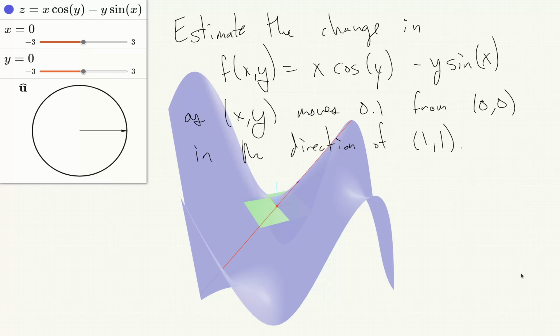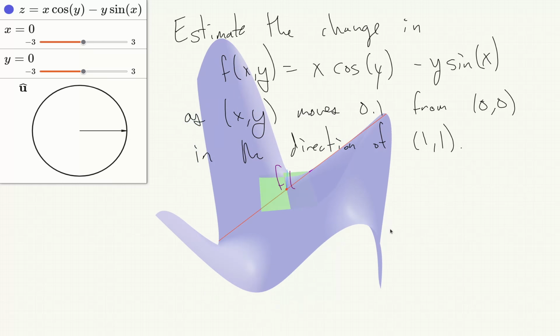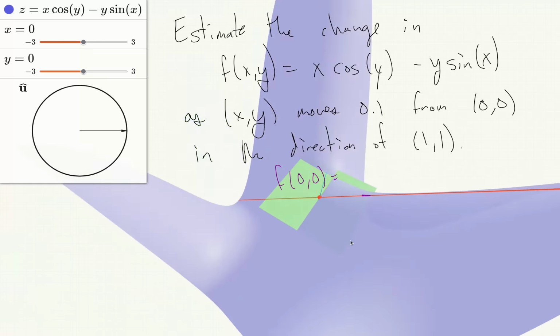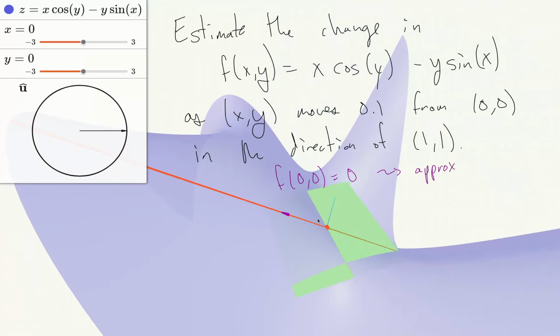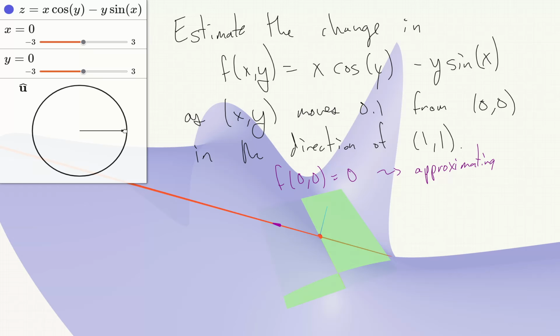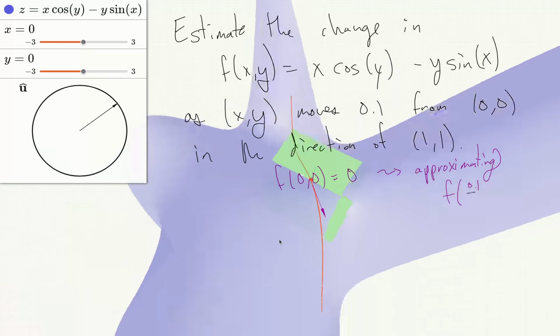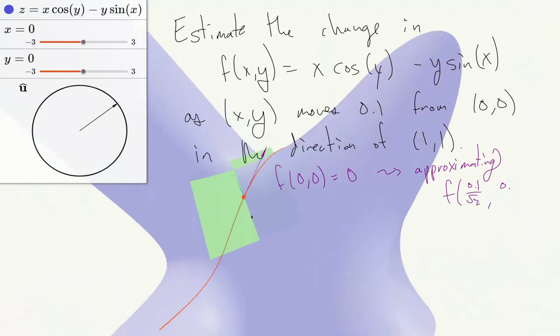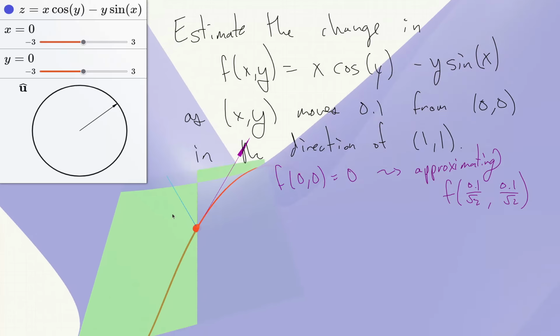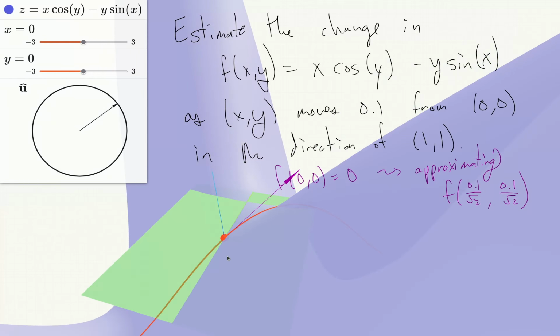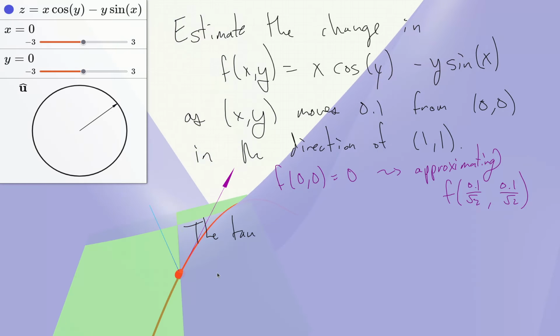So I guess in this case, since the value of f(0, 0) is 0, this means we're approximating the value of f(0.1/√2, 0.1/√2).